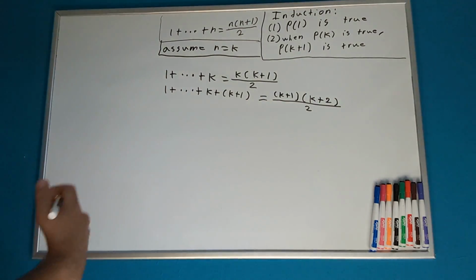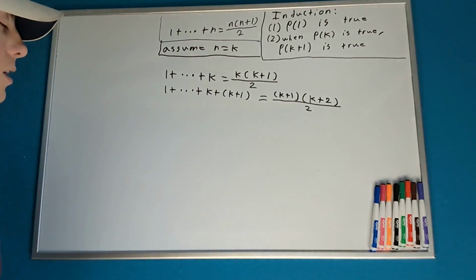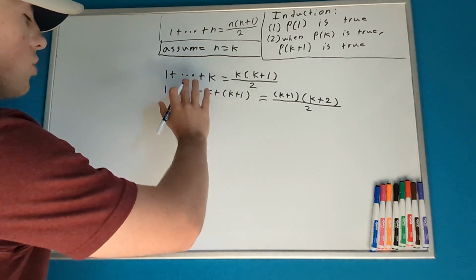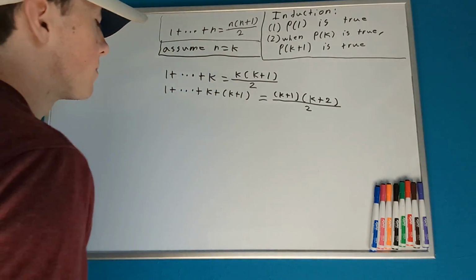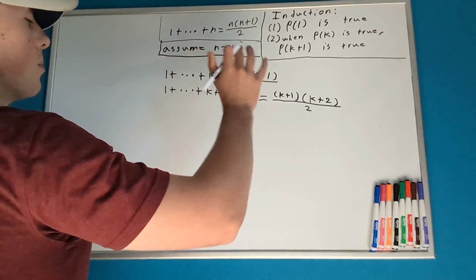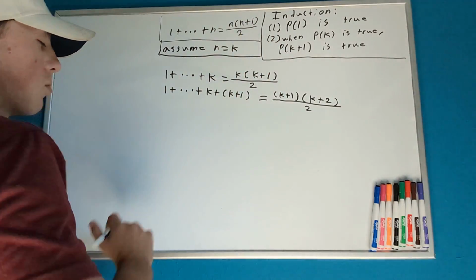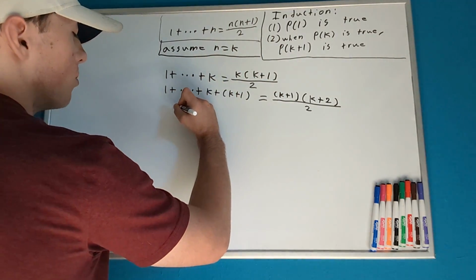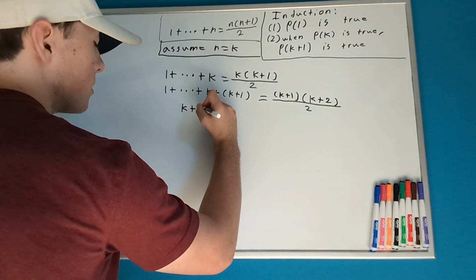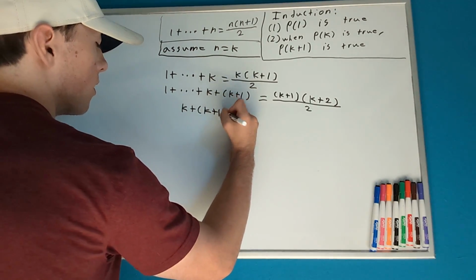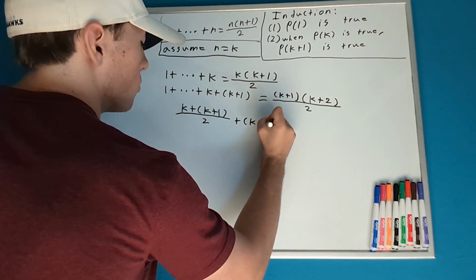So now what do we want to do? As I said before, we want to show that this does in fact equal that. Before, we just showed that this is in fact equal to that, and we know that because we are assuming n equals k. So if n equals this whole thing, then k is this whole thing as well. So then we can say that this is in fact also k times k plus 1 over 2, and then we have this plus k plus 1.